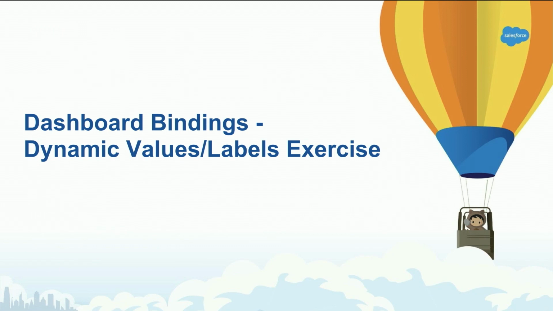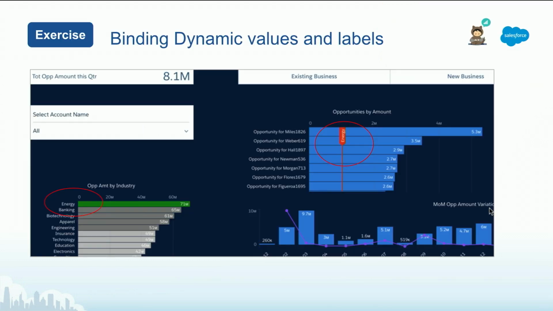Now to a completely different use case where bindings are still needed. This is not going to be solved through pages, for example. In this use case, we are going to go back to the first dashboard we designed, where we had a reference line that said goal, and it had a static 5 million as value. A use case could be, we don't want the 5 million, we want that reference line to interact with our selections.